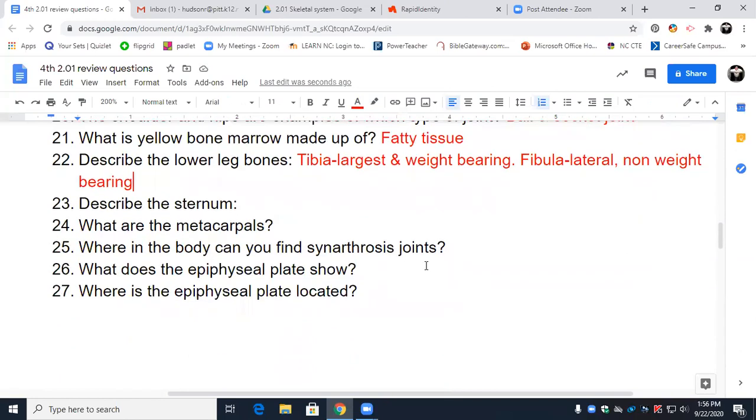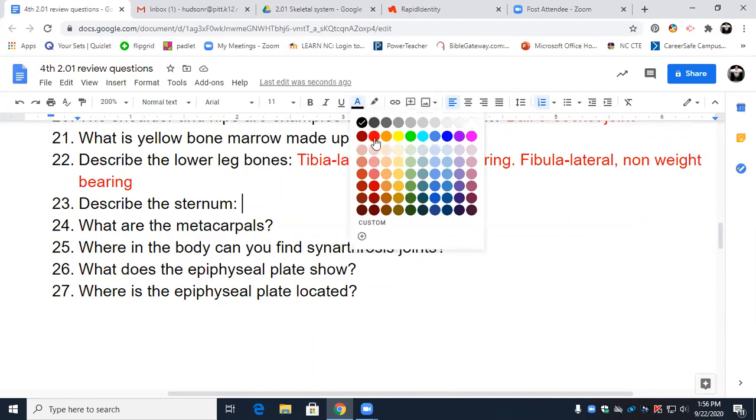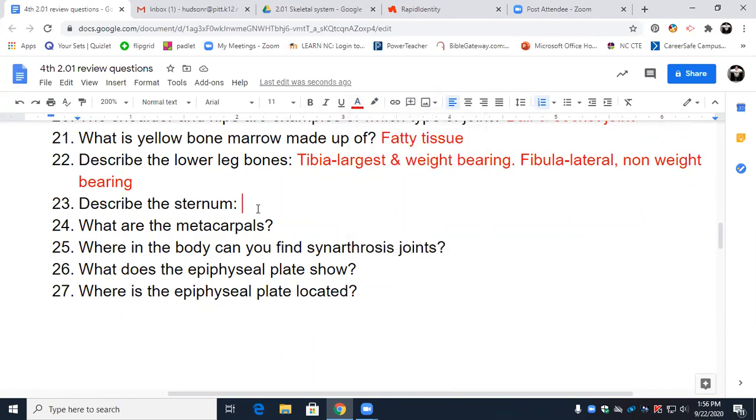Scrolling down. Describe the sternum. What number is this? 23? Okay, it's on the anterior surface. And it is flat and narrow.